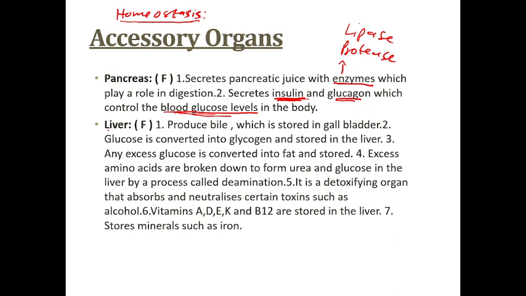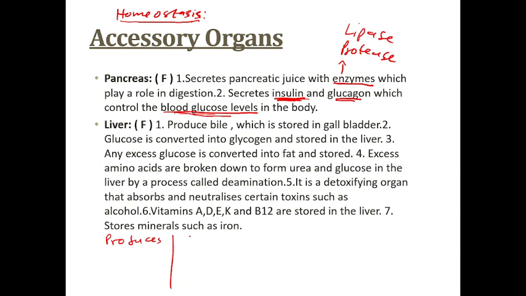Right. Then let's come to the liver. Before you look at this whole amount of writing, I want to summarize what the liver does into three categories, because there are six to seven functions here. The liver produces, number one.